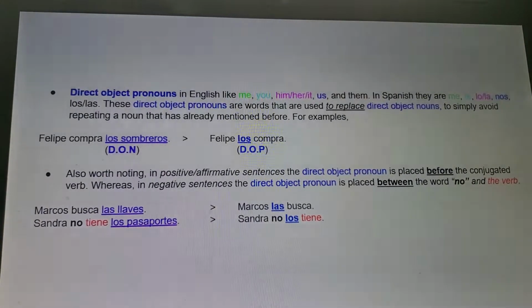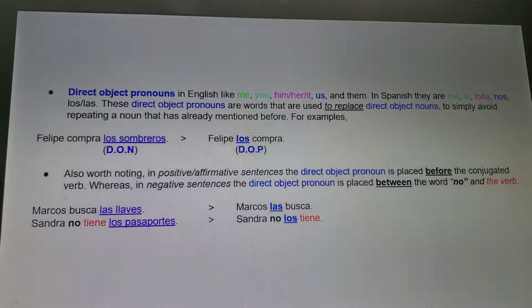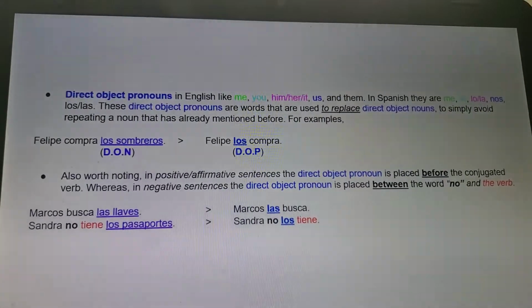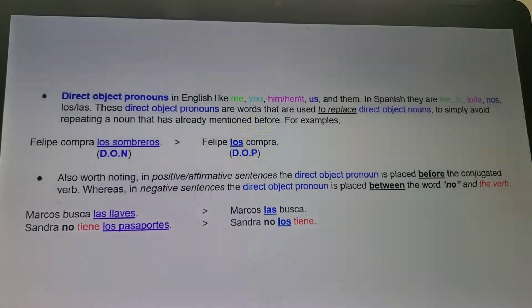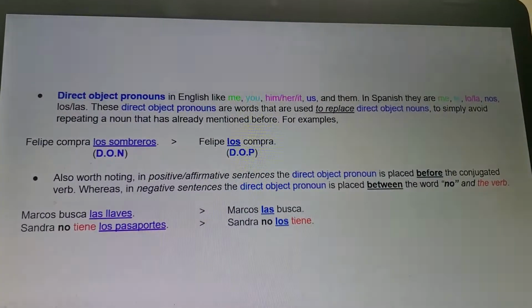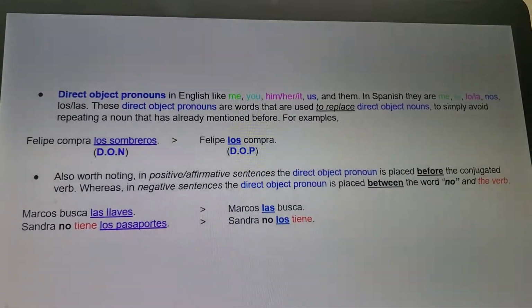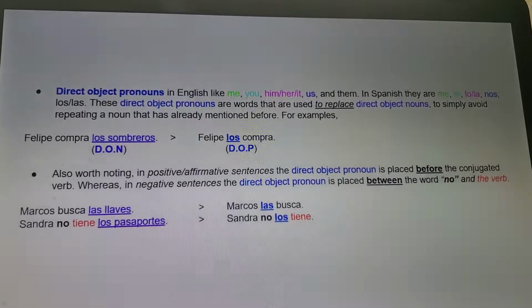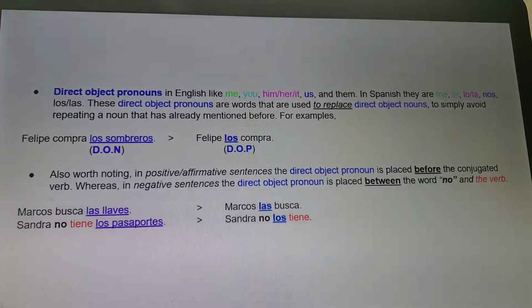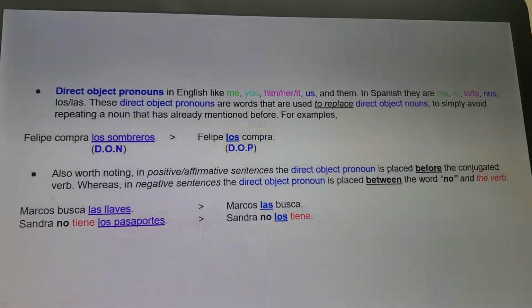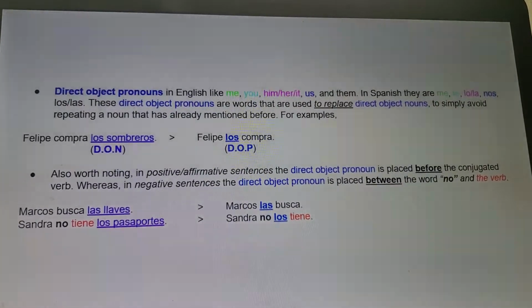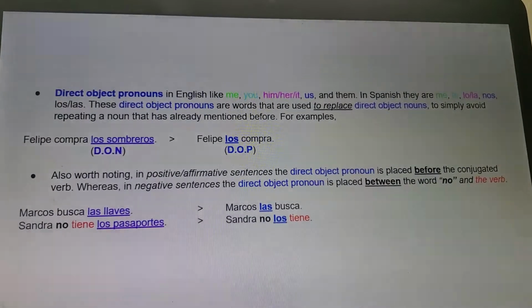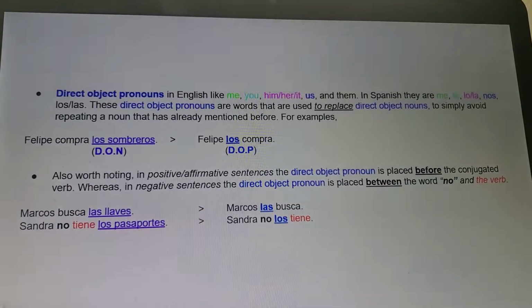We change it to Marcos las busca. So las here takes the place of las llaves, the direct object noun in the first sentence.